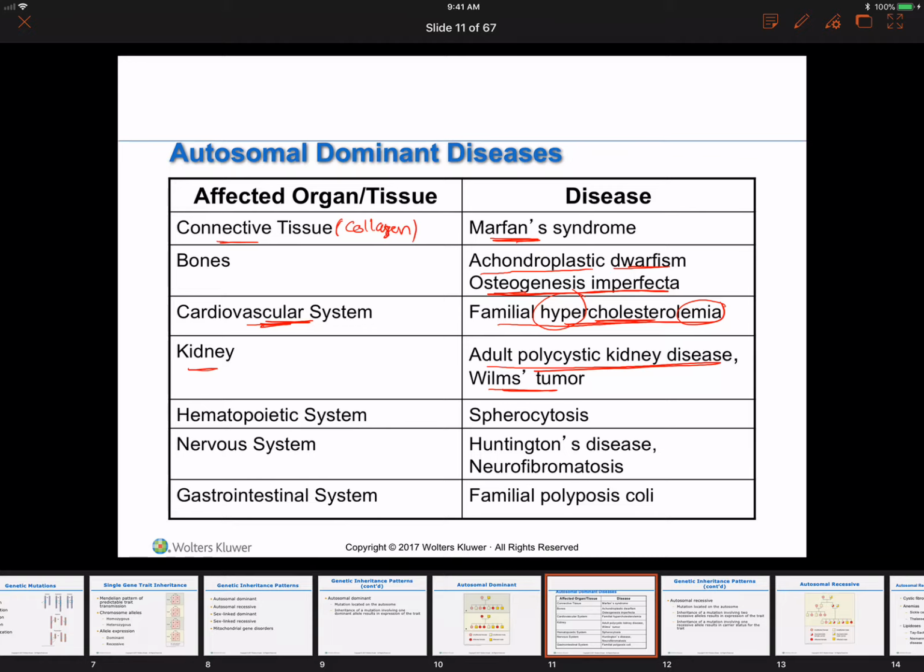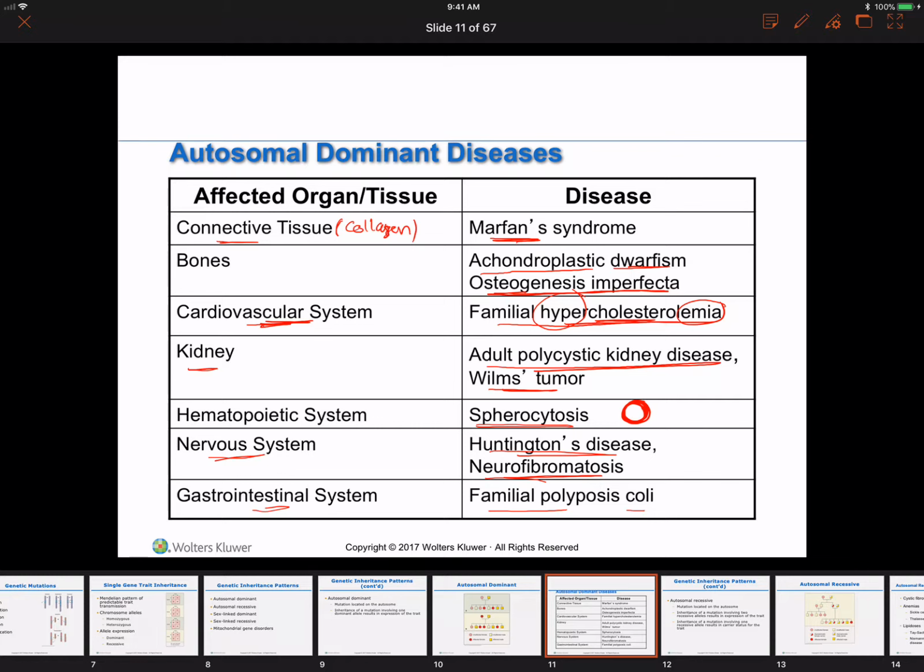In the blood, we have spherocytosis, which is a genetic problem where there is an anomaly within the red cell wall that we end up with basically spheres, or red blood cells that will look like a circle as opposed to a disc. And then in the nervous system, things like Huntington's disease, we'll discuss that in more detail, and neurofibromatosis. And in the GI tract, things like familial polyposis coli, which is a condition that could predispose to bowel cancer.